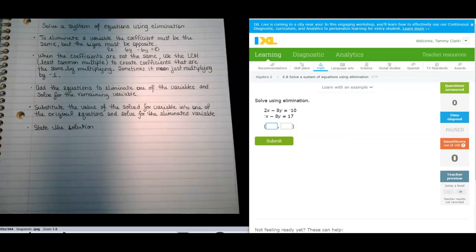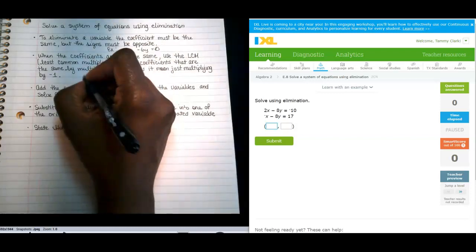When the coefficients are not the same, use the least common multiple to create coefficients that are the same by multiplying. So, if I had, say, 2 and 3 as coefficients, well, I can't eliminate them. So what I would do is look for a multiple that they had in common.